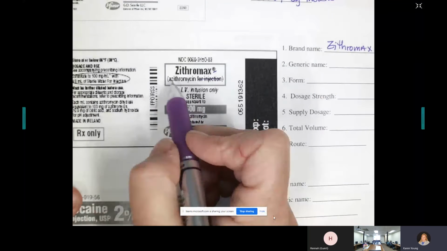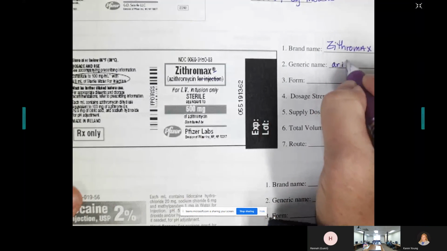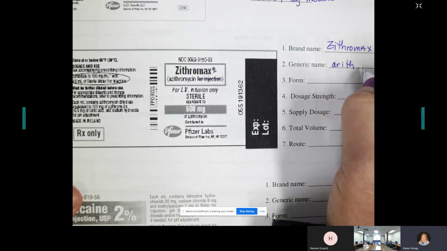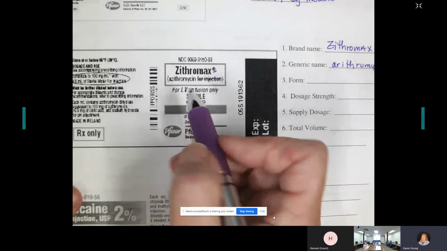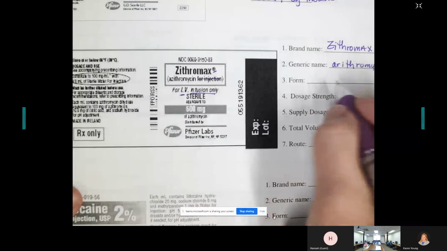It's just the chemical. And then what's the form? Can you tell? There's a hint. It says for IV infusion only. If it's going to go into the IV, what's it going to be? Liquid?